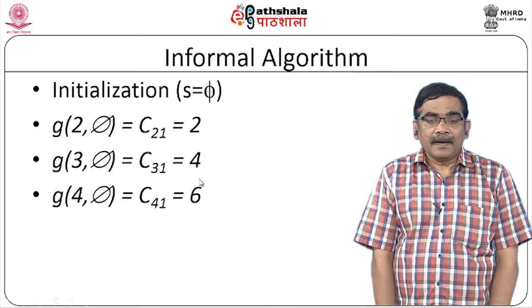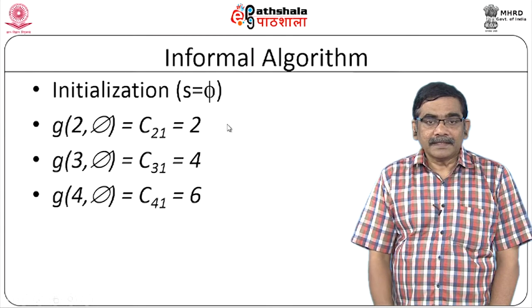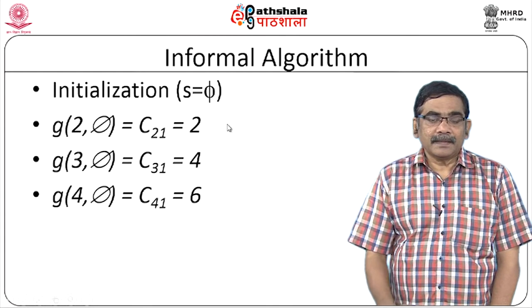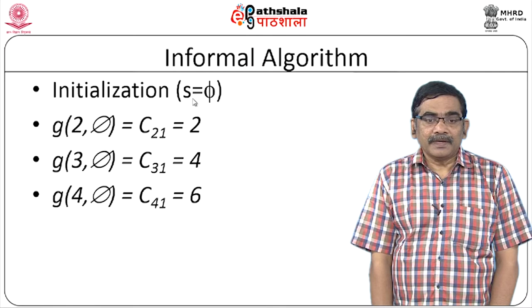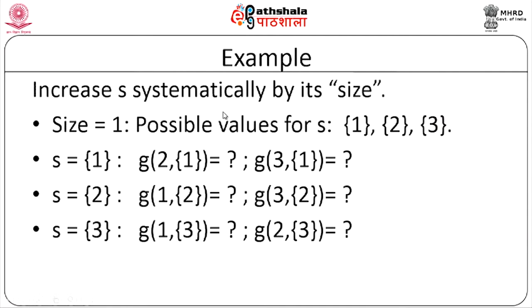So, now what is the next step? The next step is we have to increase the size of S. If we increment the size of S by 1, then the possibilities become more. Suppose the size is increased, then the possible values are 1 to 3.